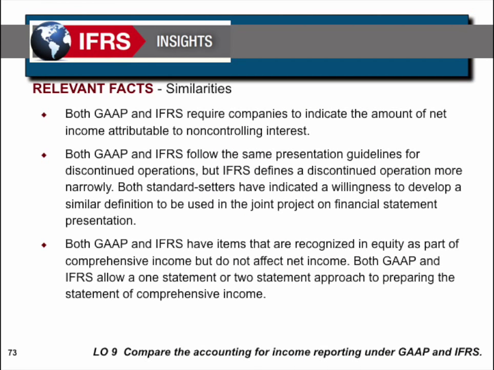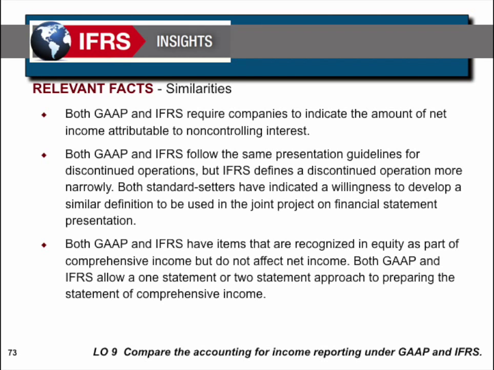Now let's study some of the similarities and differences between GAAP and IFRS. Relevant fact: similarities. Both GAAP and IFRS require companies to indicate the amount of net income attributable to the non-controlling interest. Both GAAP and IFRS follow the same presentation guidelines for discontinued operations, but IFRS defines the discontinued operations more narrowly.